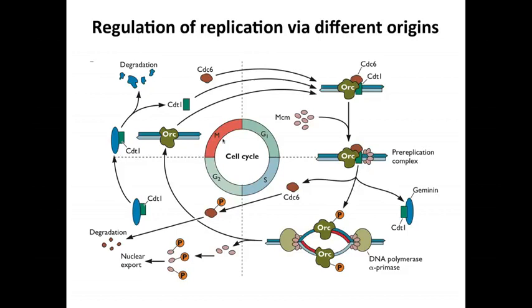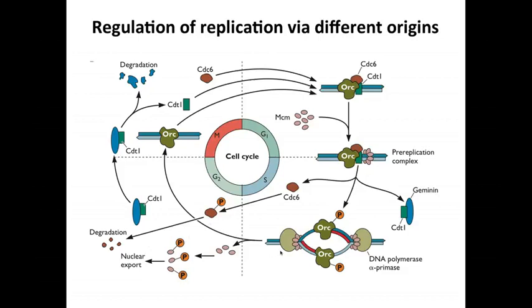So after one round of replication has occurred, the cells go through mitosis, and now CDC6, CDT1, and MCM are again available. They can bind the viral origin. Another round of replication, and then only after that replication is done, all these necessary proteins are removed or degraded or sequestered, and then no more replication can occur.